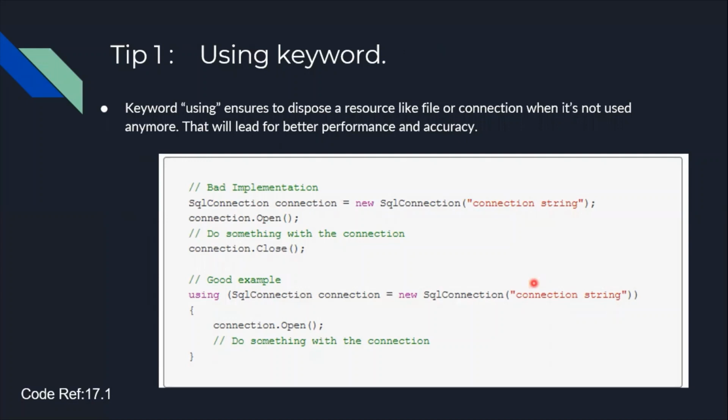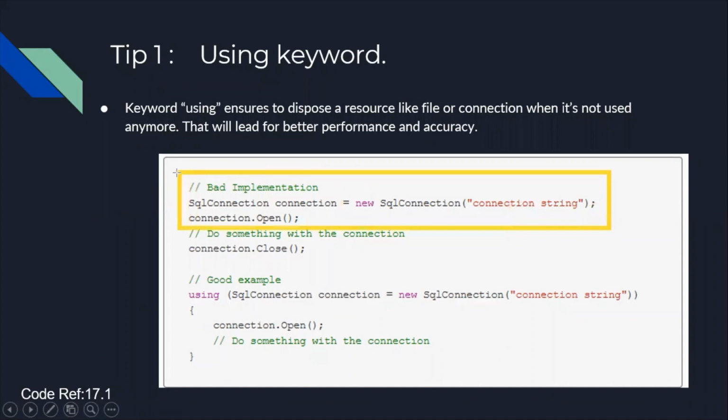Keyword using ensures the disposal of a resource like a file or a connection when it is not used anymore. So it will lead to better performance and accuracy. The bad example here: we create a SQL connection, new connection, and add the connection string. We start to make connection.Open and write something like an insert command, then connection.Close.